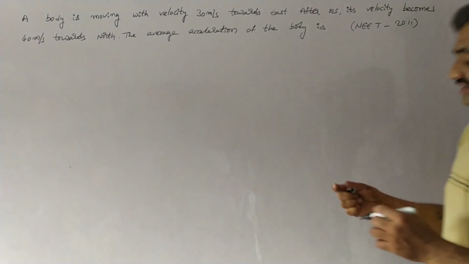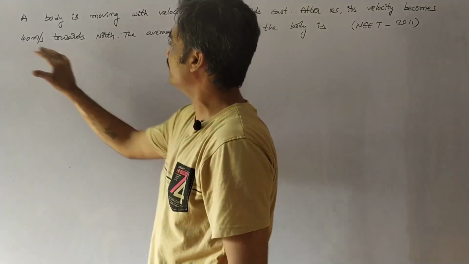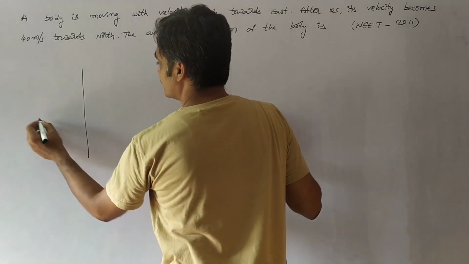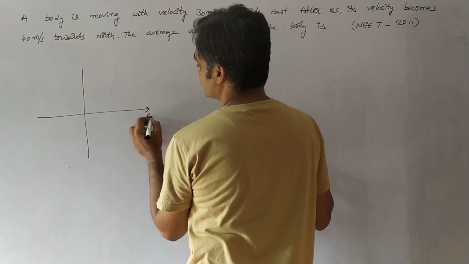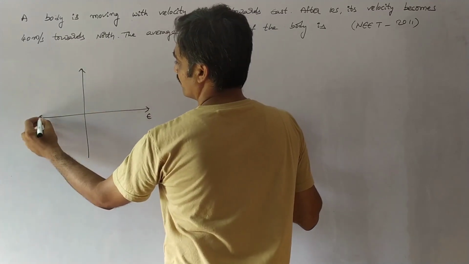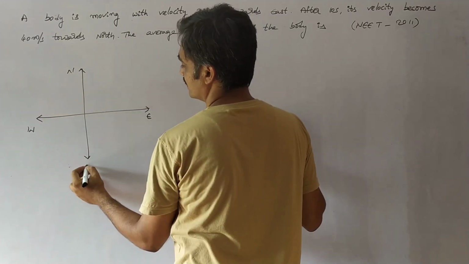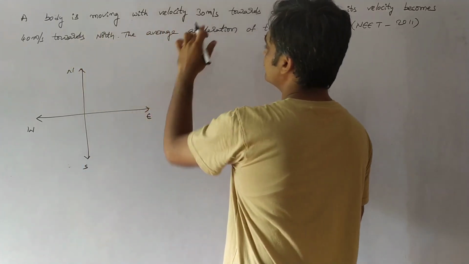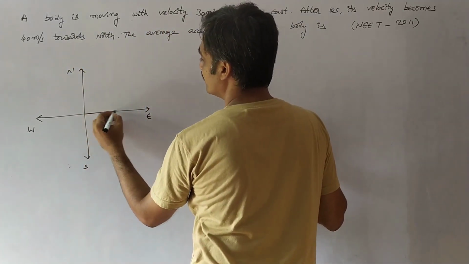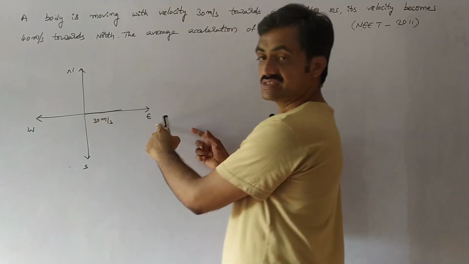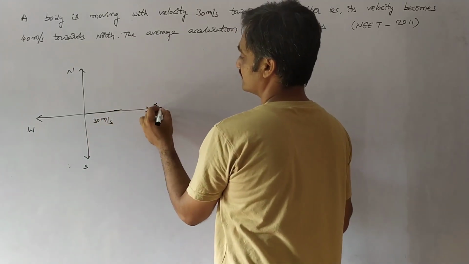In order to find the average acceleration of the body, we have to find the change in velocity. First of all, let us consider the directions: east, west, north and south. Initially, the body has travelled with a speed of 30 meter per second along the east direction, nothing but the x-axis.